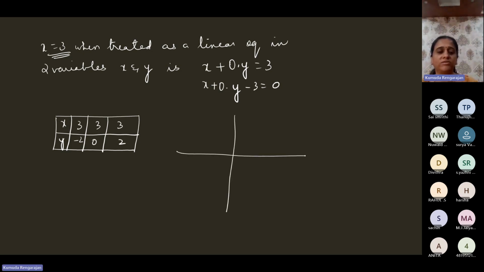Now plot these points: 3, minus 2; 3, 0; 3, 2. And join these points.